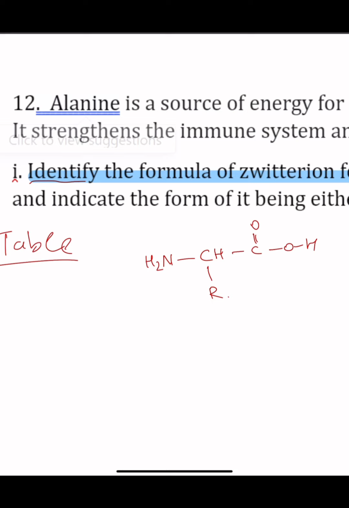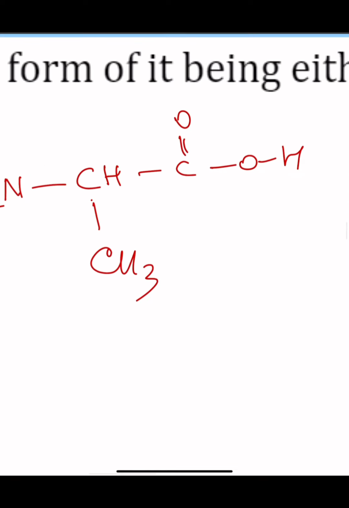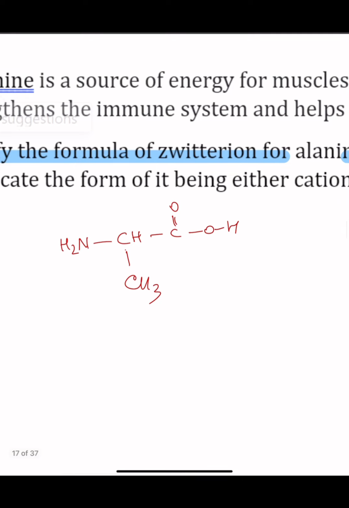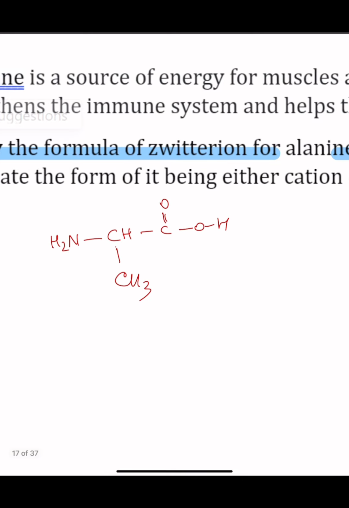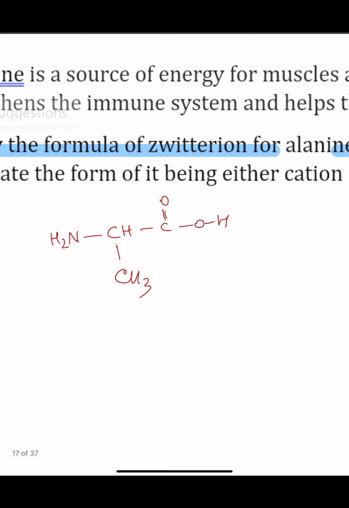If you check the table, you will see that the R in alanine is CH3. So you have CH3 for alanine, and you know that in acidic environment you will have lots of hydrogen pluses.